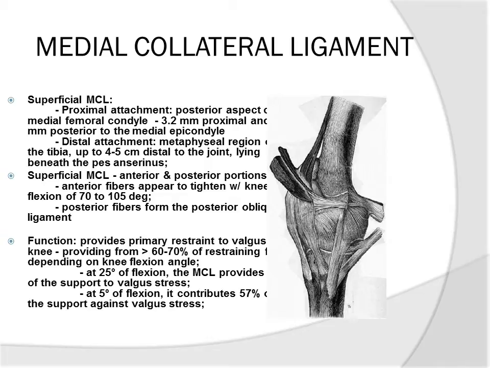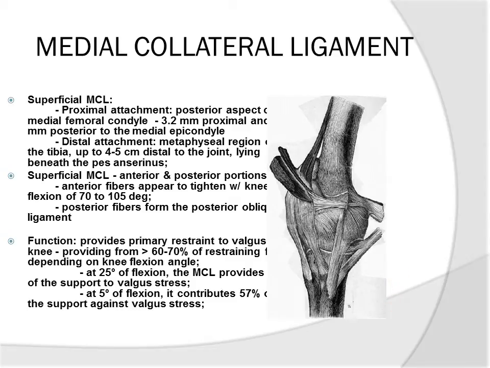The anterior fibers appear to tighten with the knee in approximately 70 to 105 degrees of knee flexion. And these posterior fibers, also known sometimes in some anatomy textbooks as the posterior oblique ligament here.